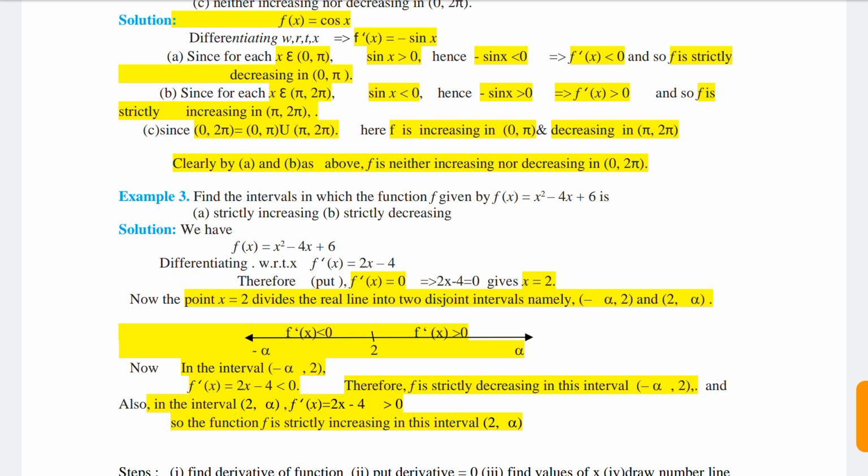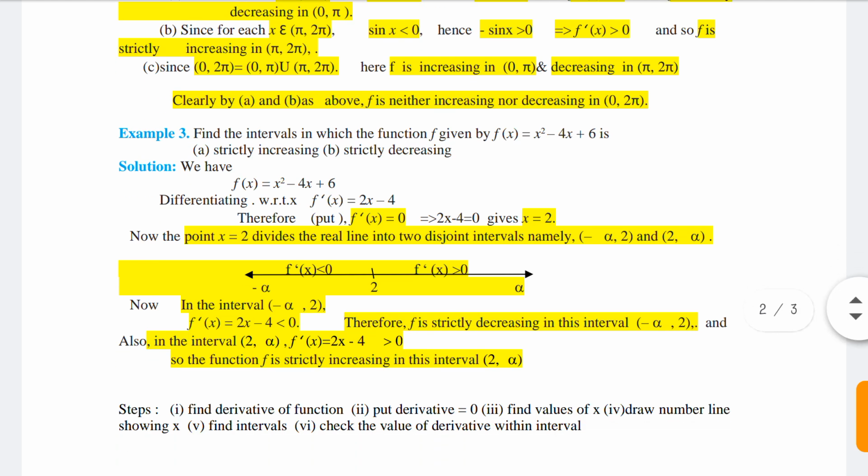Now we take some value from minus infinity to 2 and check f'(x). f'(x) is 2x - 4. If we take a value lesser than 2, 2x - 4 is always less than 0, meaning always negative. So the function is decreasing in the interval minus infinity to 2.